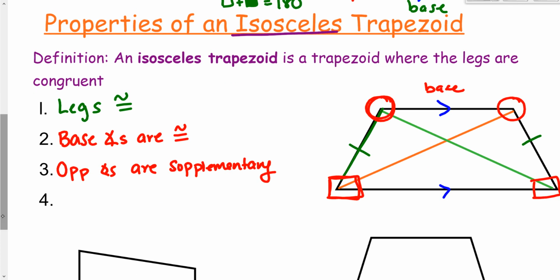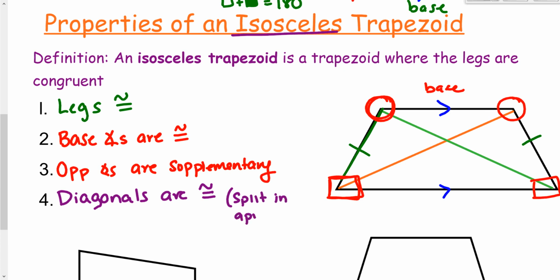Now, number 4, if you look at the diagonals, they are not cutting each other in half. This piece and this piece are not equal, okay? But you do know that the diagonals are congruent. Okay, and they don't split each other in half, but they do split in a proportion.